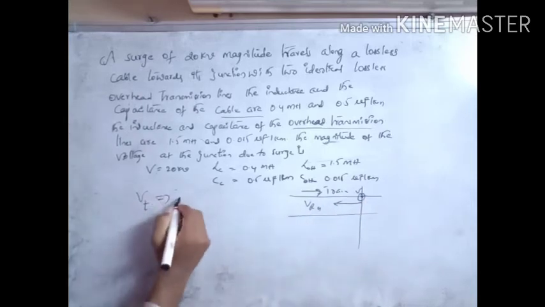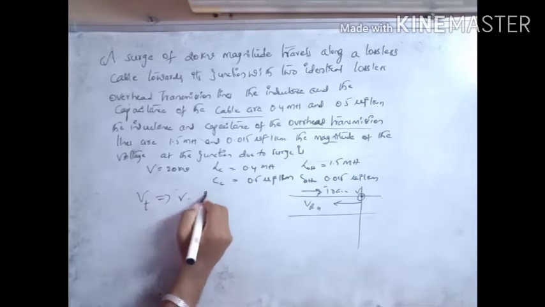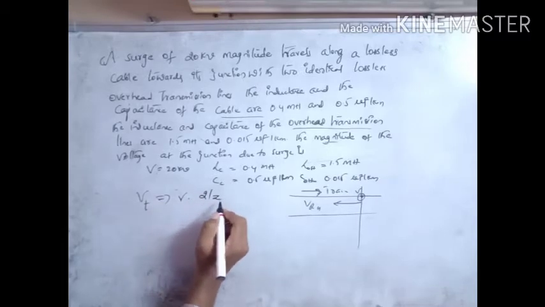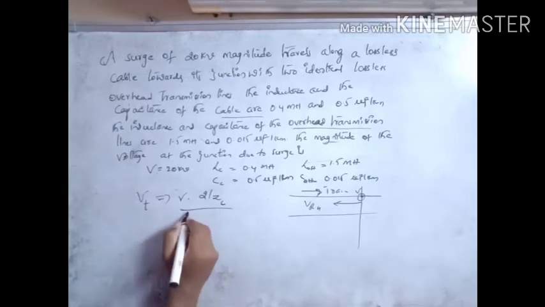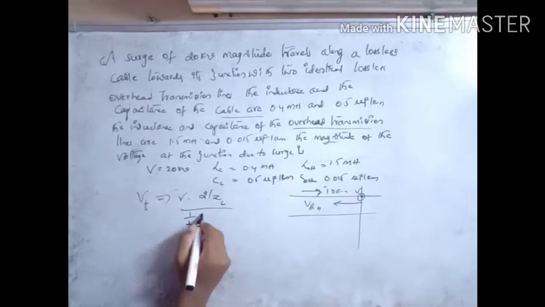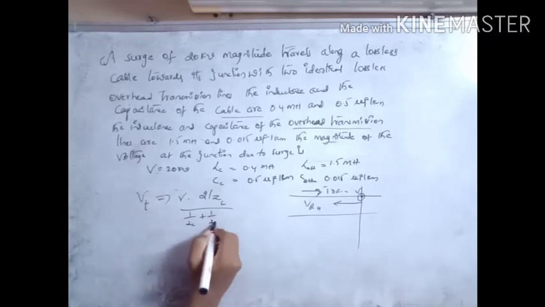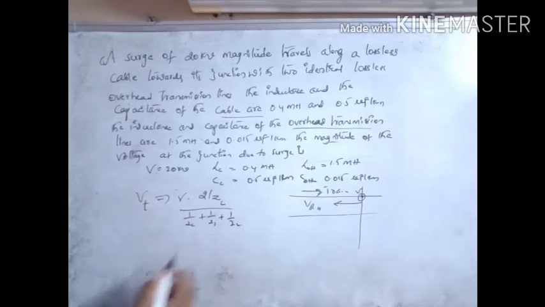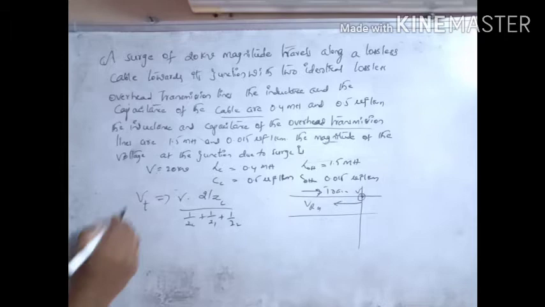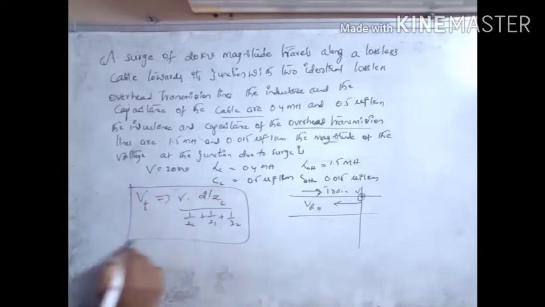This voltage Vt is given by V into 2 by Zc, divided by 1 by Zc plus 1 by Z1 plus 1 by Z2. This is the total voltage that will be terminated at the junction, so we have to calculate this voltage.